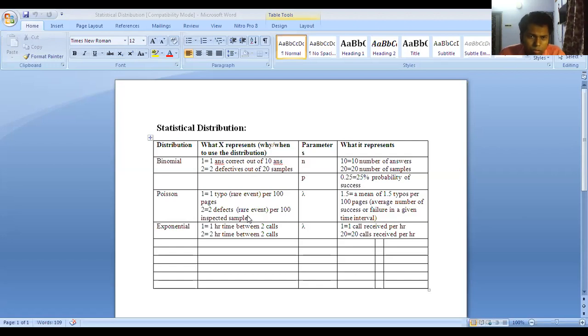So that's why in this case the Poisson distribution is more preferable. Okay, and we will discuss later on what the parameters are and what they represent.